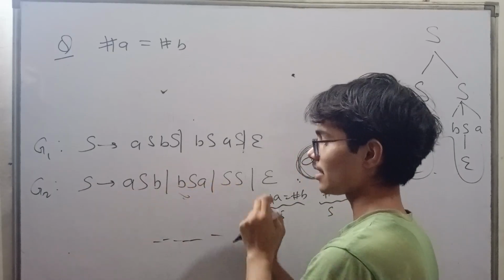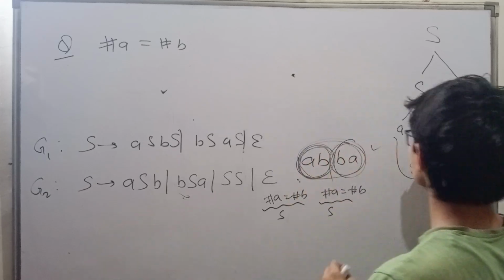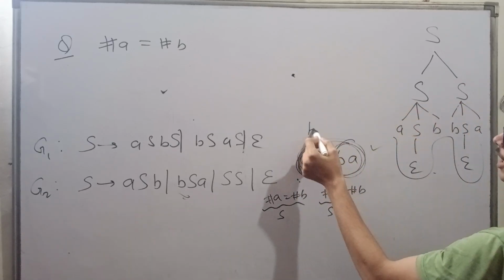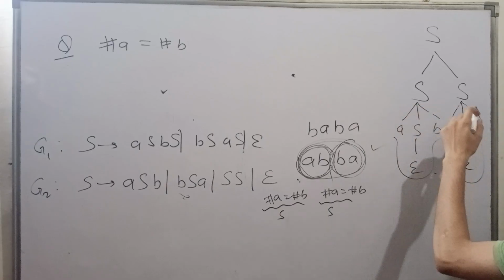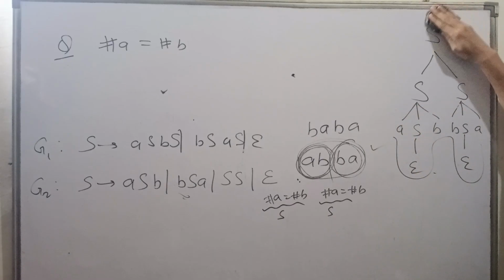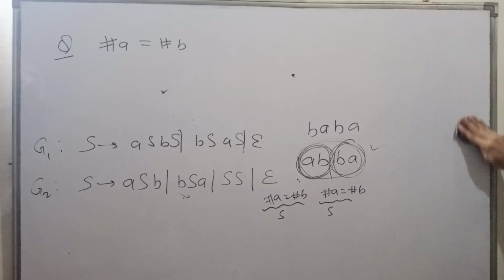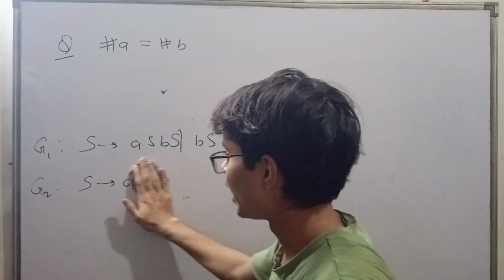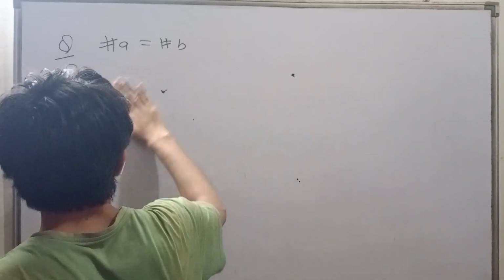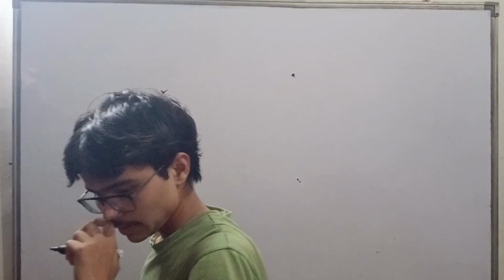That's why S is written here. The position can change, so you can have BA also from position changing. So that's how you can generate this. So these are our two ways of writing this. That's all for this question.